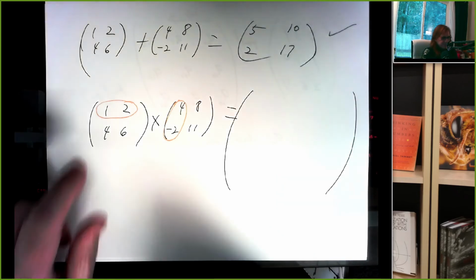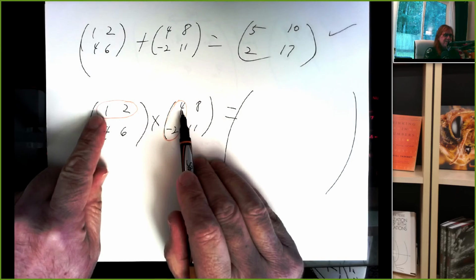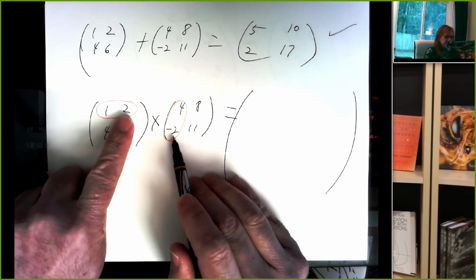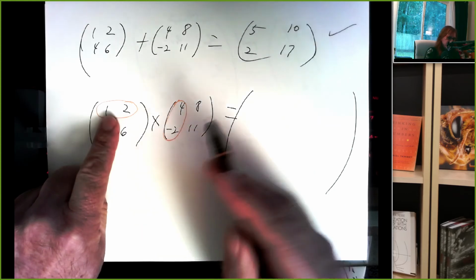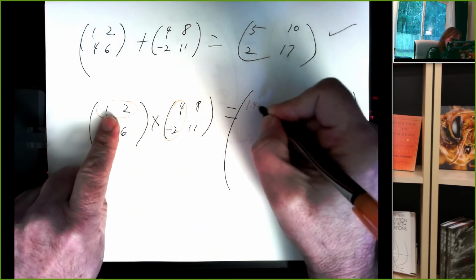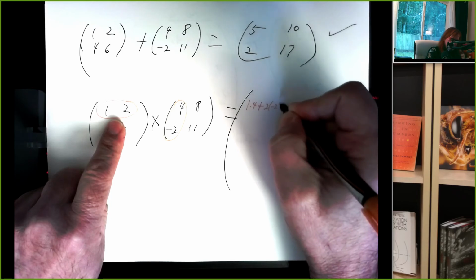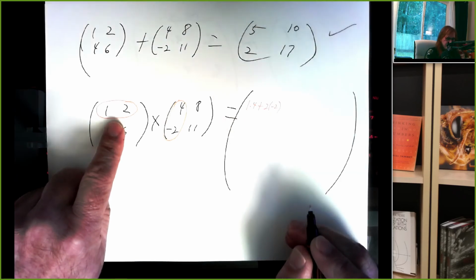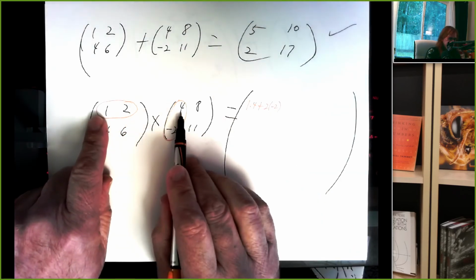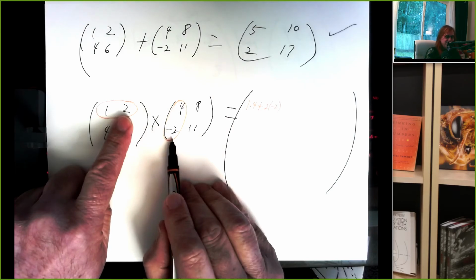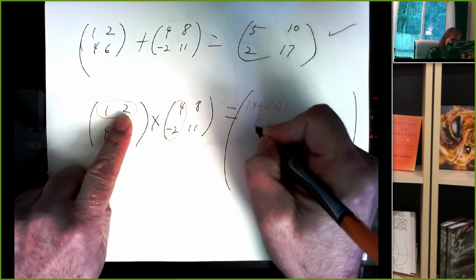So a dot product says multiply the first element of each of these vectors, multiply the second element of each of these vectors, and then add those numbers together. So this is going to be 1 times 4 plus 2 times negative 2. Right? 1 times 4 is 4, 2 times negative 2 is negative 4. That's going to turn out to be a 0.